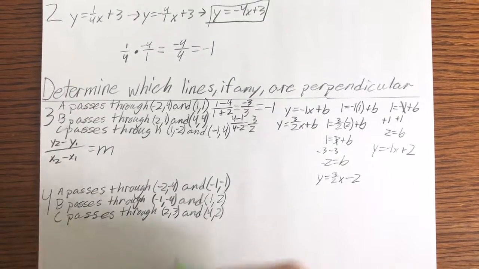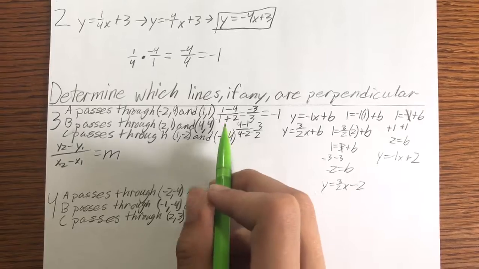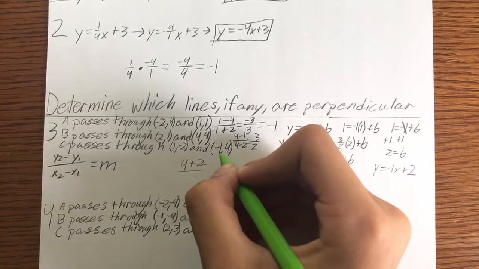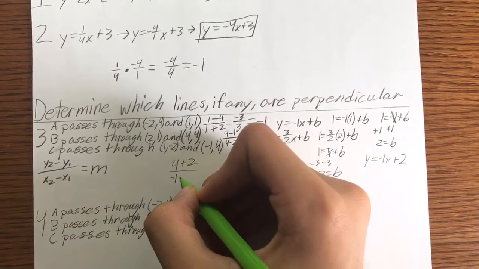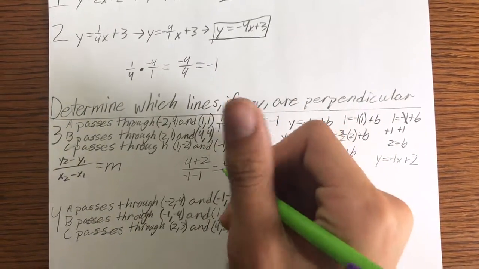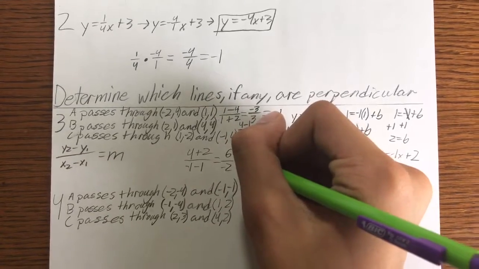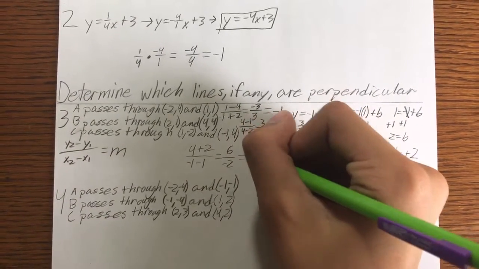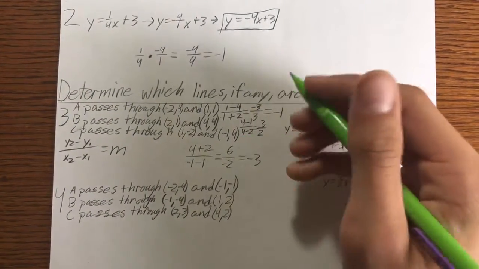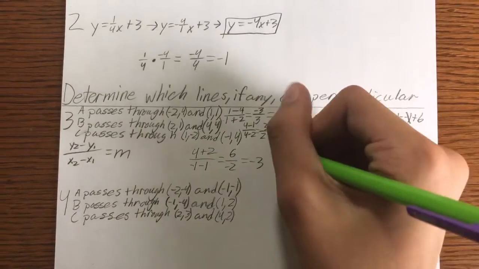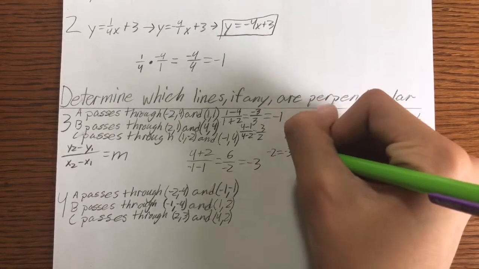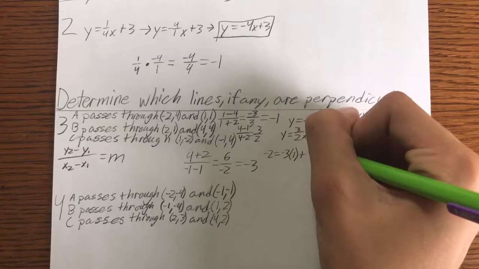Now we will do C. So we plug it in. 4 plus 2 over negative 1 minus 1. That equals 6 over negative 2, which is simplified to negative 3. Now we can plug in the numbers. We'll use 1 and negative 2. So negative 2 is equal to negative 3 times 1 plus b.